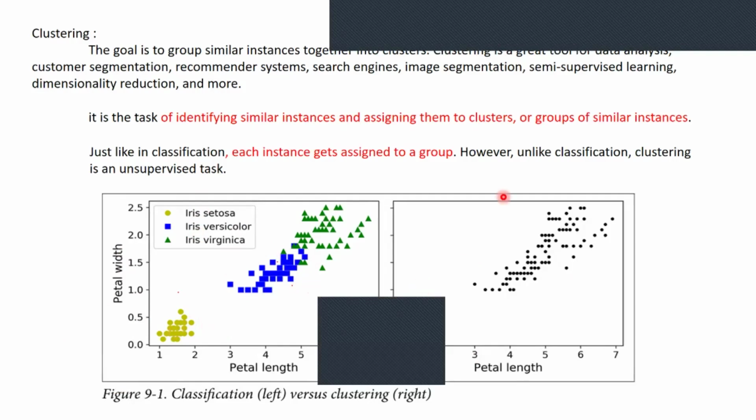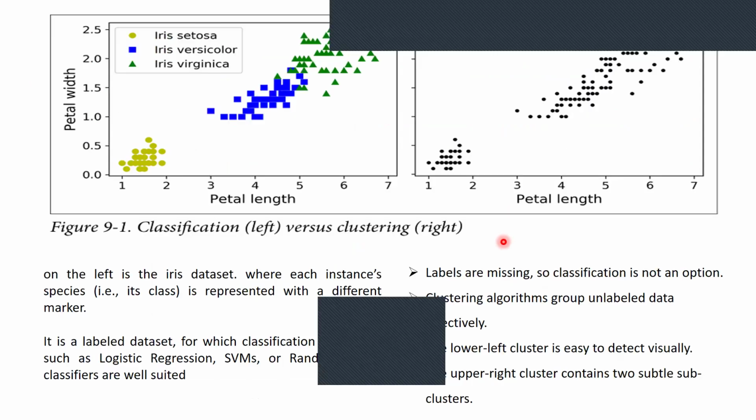Coming to clustering on the right side, it can make two clusters, not three. From this data, this is one cluster and this whole group is another cluster we can make. So the left side has labels, and the right side has unlabeled data within two clusters.